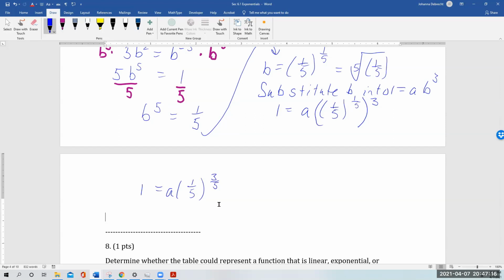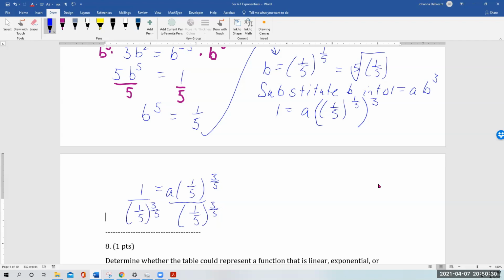In order to find the value of A, I need to move this to the other side of the equation. To move it to the other side, I need to divide by it. So if I divide by it, I get 1/5 raised to the 3/5 divided on both sides.